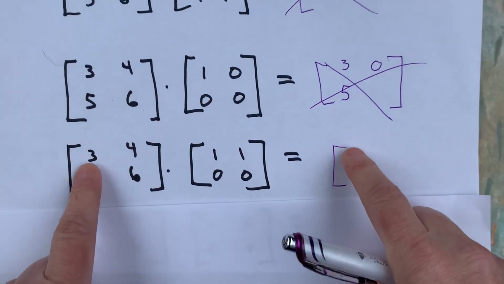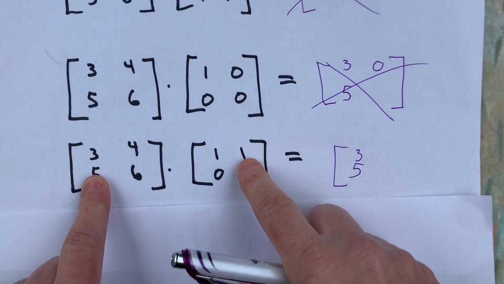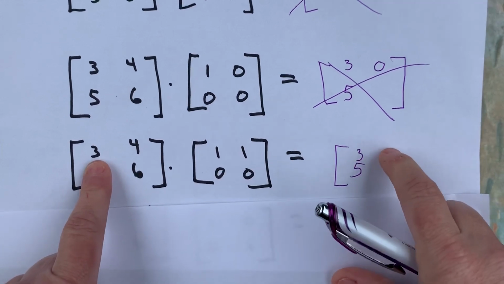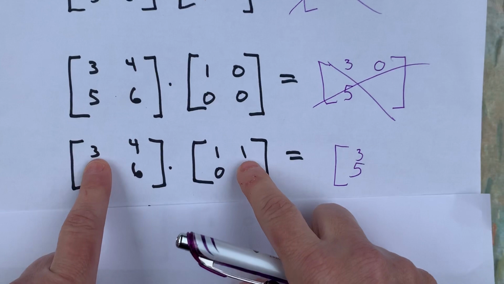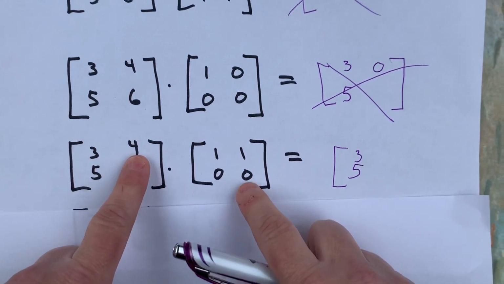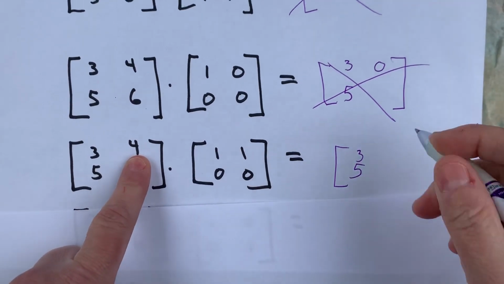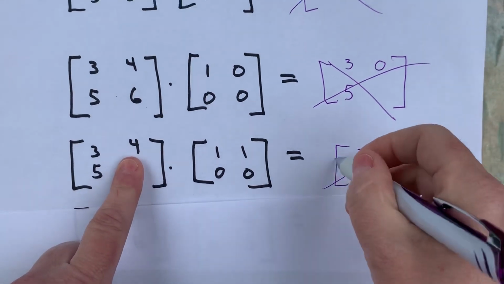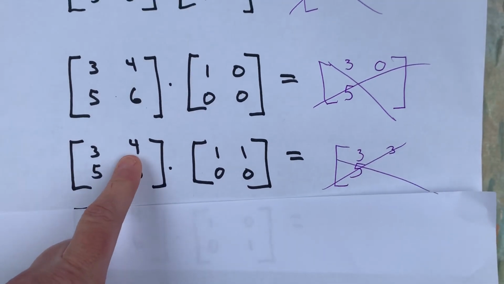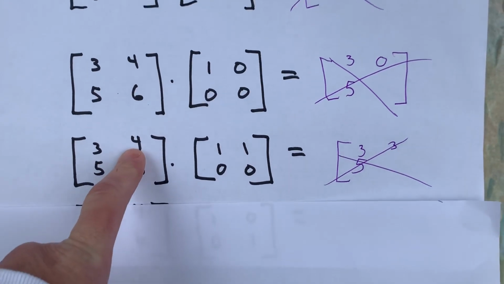So again, I'm looking good. What's going to go right here? That's 3 times 1 plus 4 times 0, which gives me a 3, and I want it to be a 4, so that's also a dud. So it looks like I've got to have some combination of 1s and 0s.